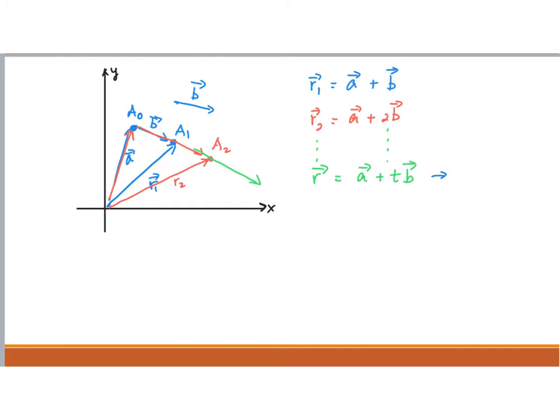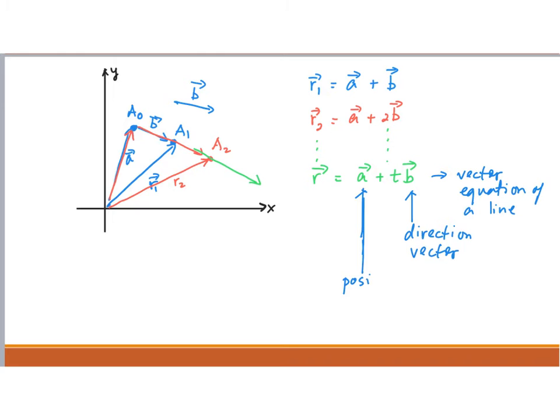I'm going to write it here. It's the vector equation of a line, and b is the direction vector, while a is the position vector.